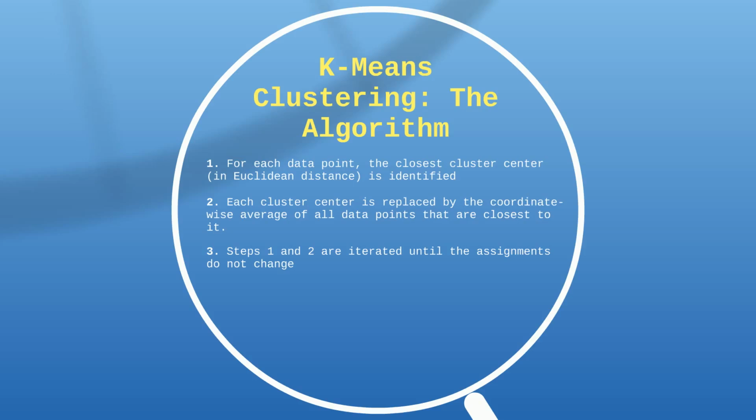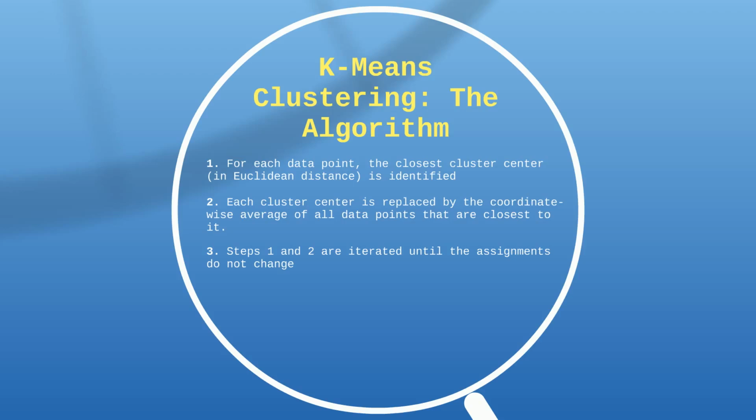Then step 2, each cluster center is going to be updated and replaced by the coordinate-wise average of all the data points that are closest to it. This is why it doesn't matter that we start with random weights. In fact, it's actually beneficial to start with random weights because the k-means clustering algorithm is not guaranteed to find a global minimum.